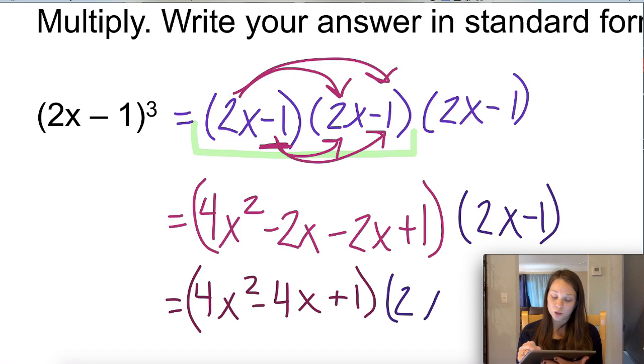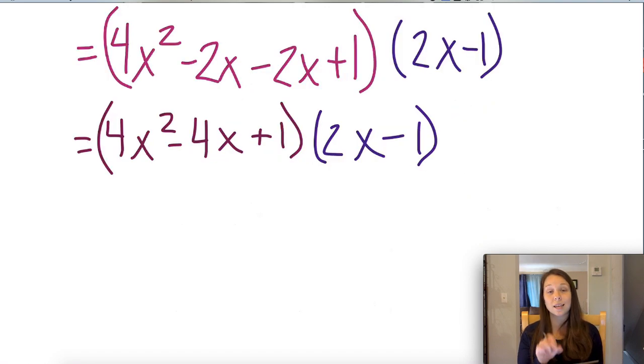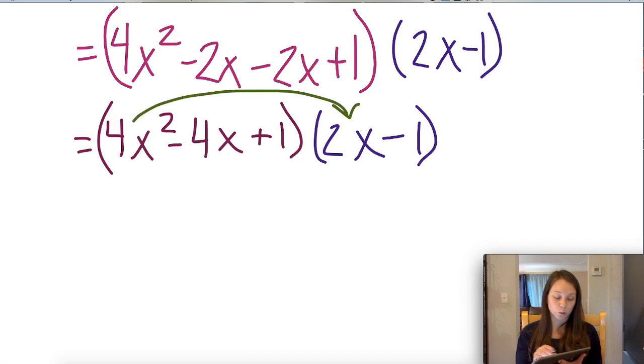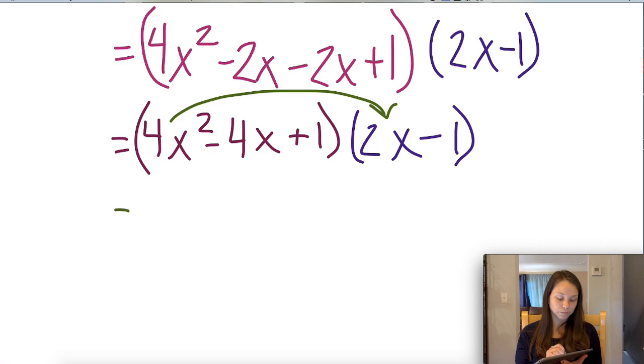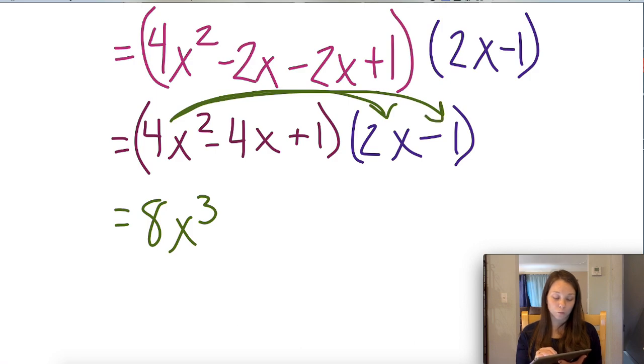Now I'm going to take the last 2x minus 1, and now I can use that distributing process again and distribute these 2 quantities together. So I'm going to take 4x squared times 2x, which is 8x cubed. 4x squared times negative 1 is minus 4x squared.